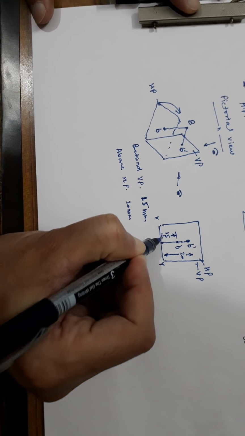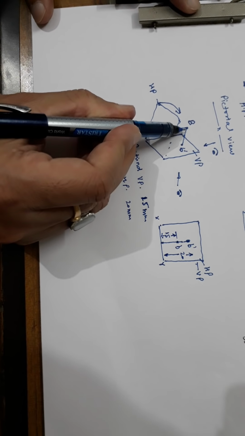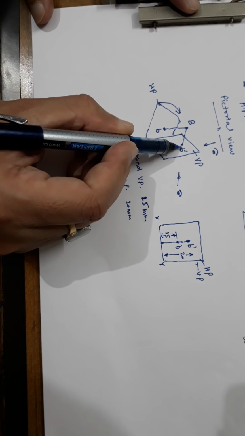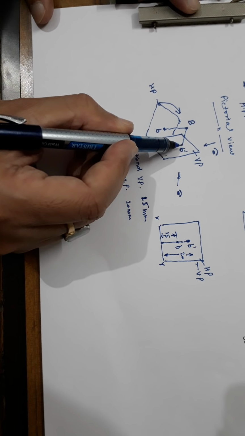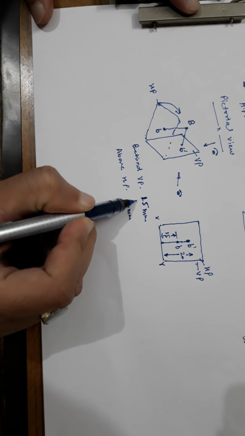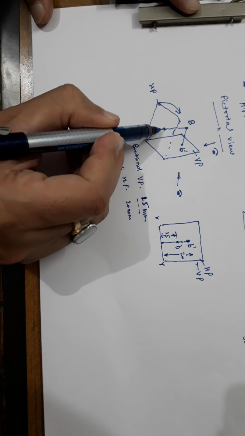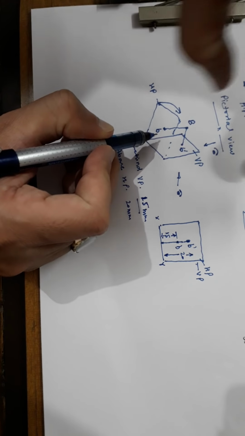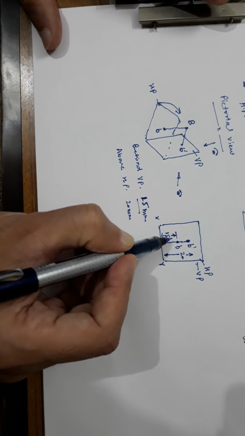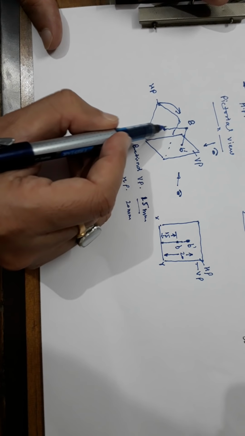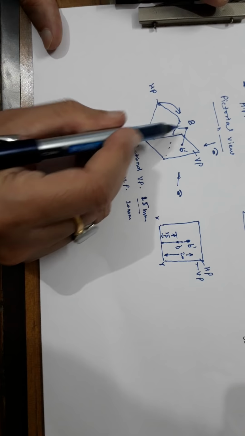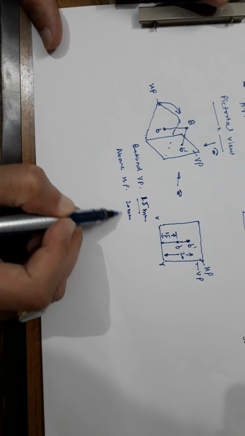Now again I am explaining. This distance, capital B, B dash, is behind VP. Behind VP means 15 mm. So this distance is transferred to the top view, that's why B, the top view, is 15 mm from XY. Now this distance, capital B and B, is above HP, 20 mm.